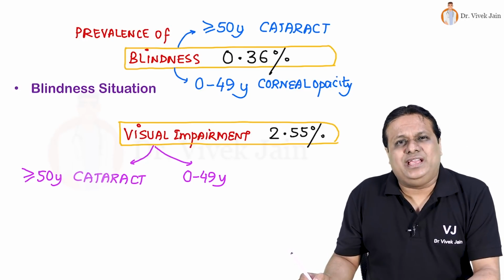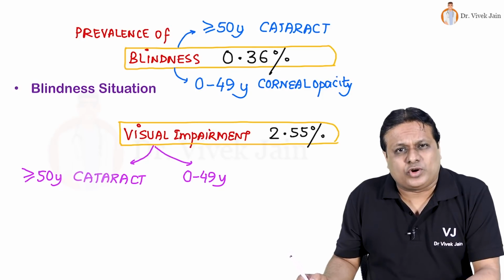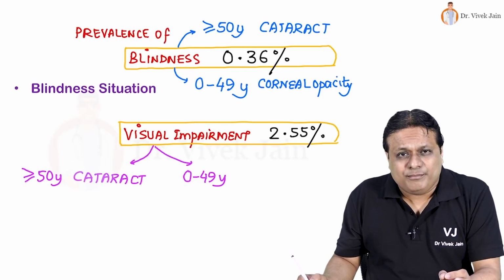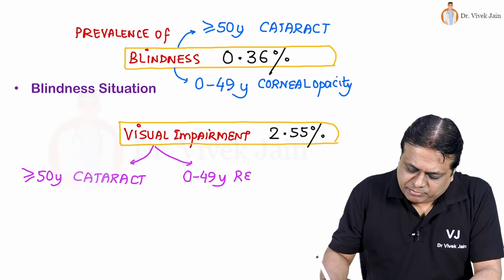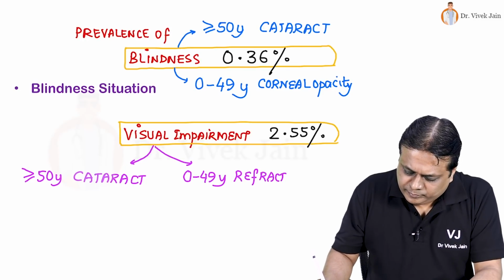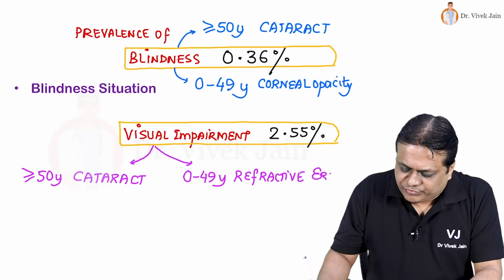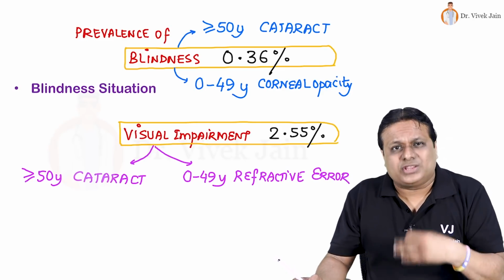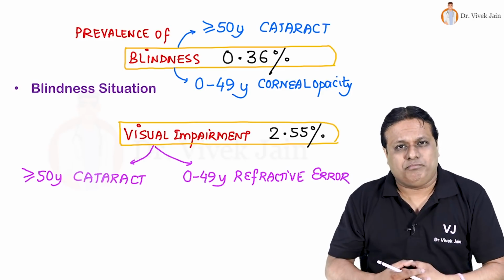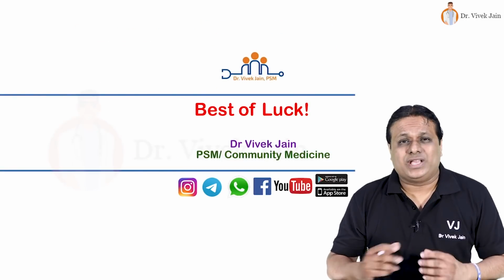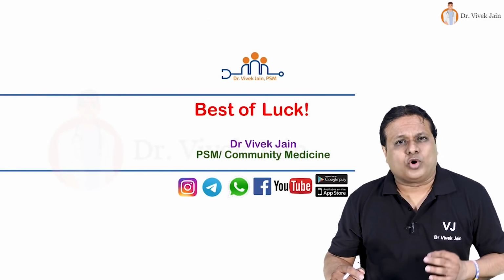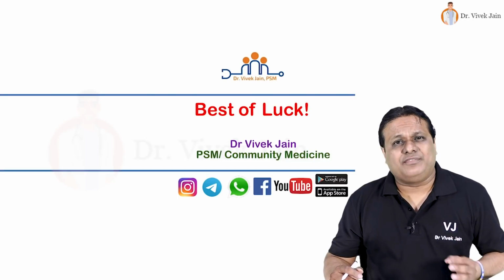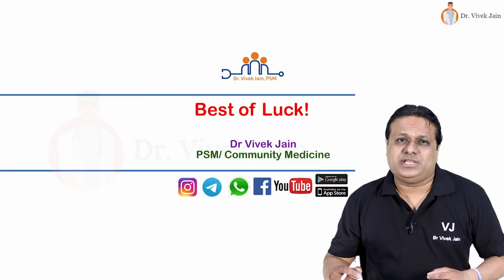But when we look at population below 50 years, 0 to 49 years of age, then maximum contribution is given by refractive error, even more than cataract, for visual impairment. So friends, with this we come to the end of all formulae and important values from the subject of PSM.